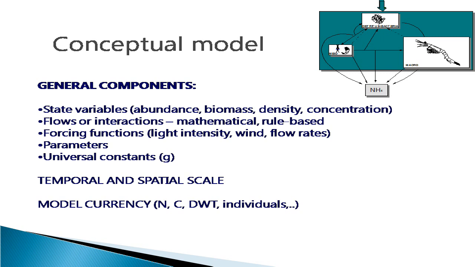Then you also have to point out what your temporal and spatial scale is. Are you modeling on a day-to-day basis, a yearly basis, a decade basis, on a centimeter square area or kilometers, that sort of scale? And also your model currency. Are you talking about nitrogen or carbon or dry weight or number of individuals if needed?